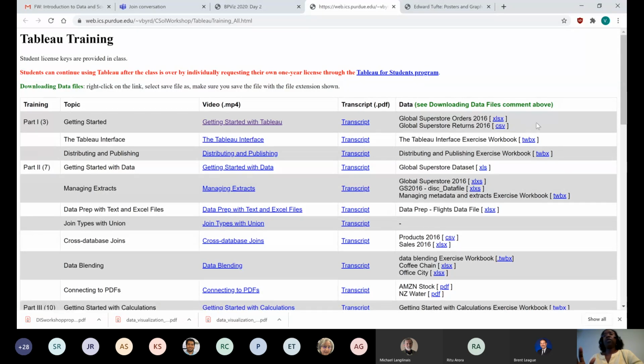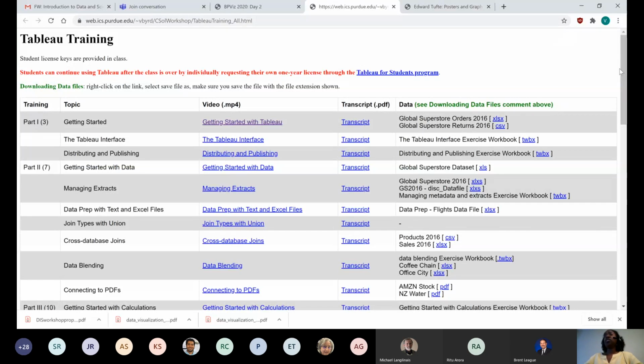If you've downloaded Tableau, these data files will look similar, since data files come with the downloaded version that you have, but as you work through any of these, I encourage you to download the data file that is mapped to the training here, because the video is specifically for that part of the data.